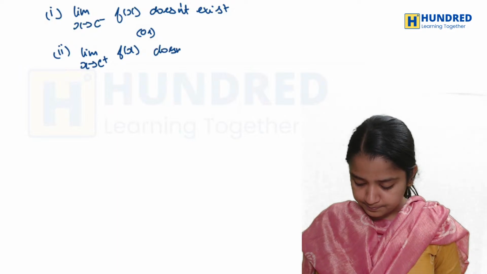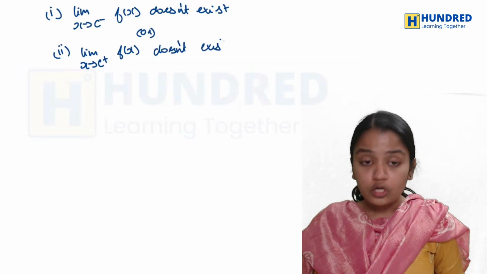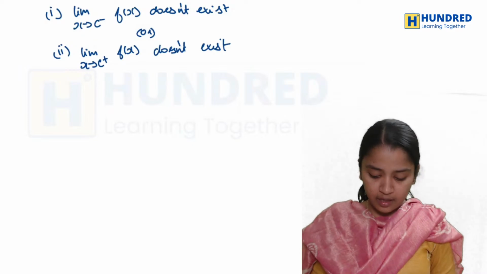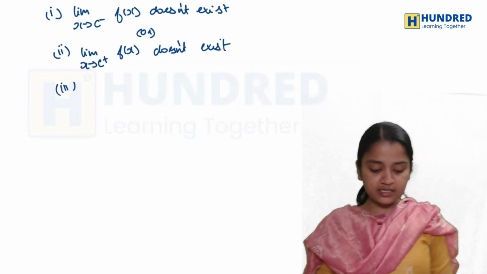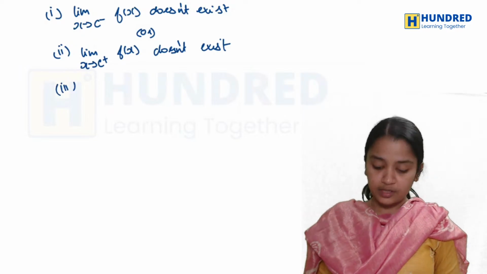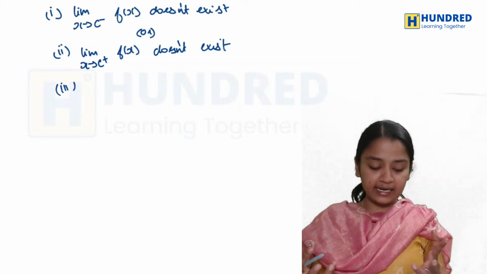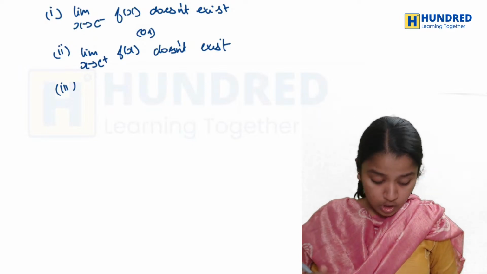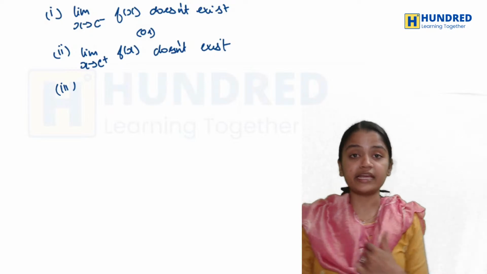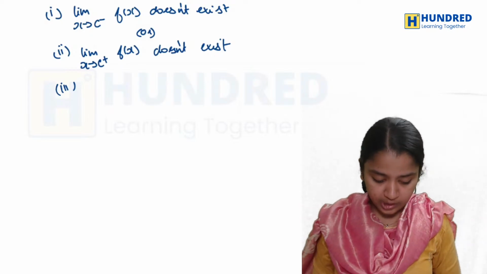Or, in the next case, both the left hand limit and right hand limit exist, but they are not equal.